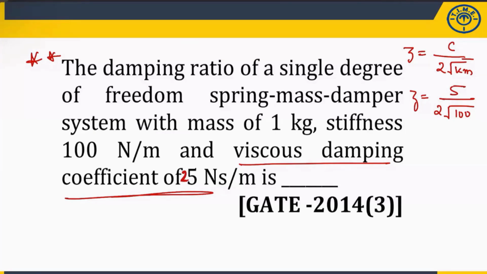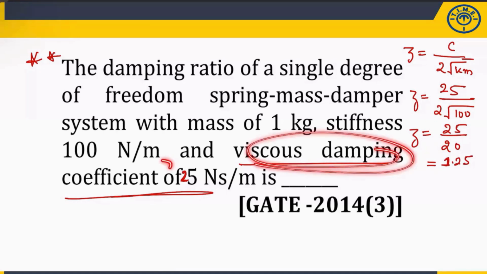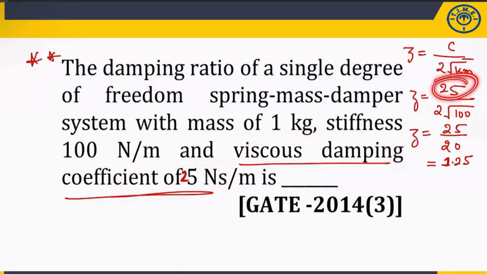If 5 is given, then you get 5 divided by 20, which is 0.25. But there should be a 25. So zeta is equal to 25 divided by 20, which is nothing but 1.25. The damping coefficient is given as 25, the mass is given as 1, and the stiffness is given as 100. So 25 divided by 20 is 1.25.